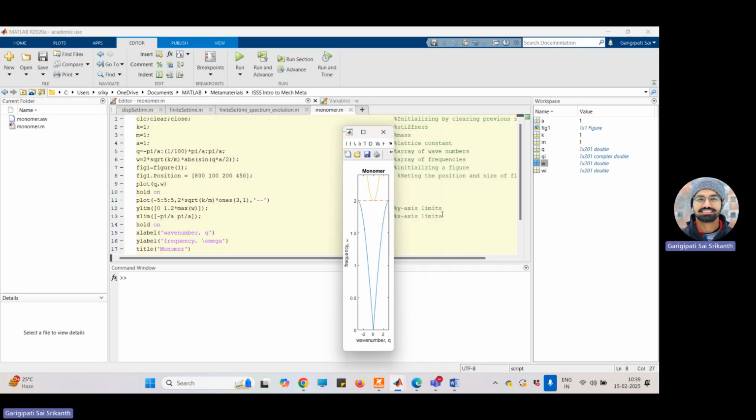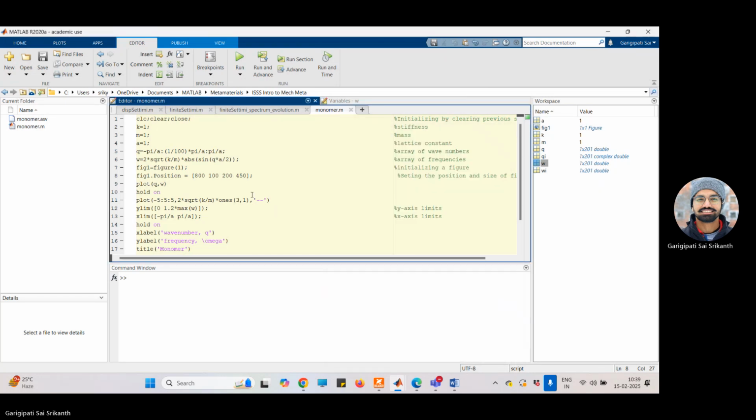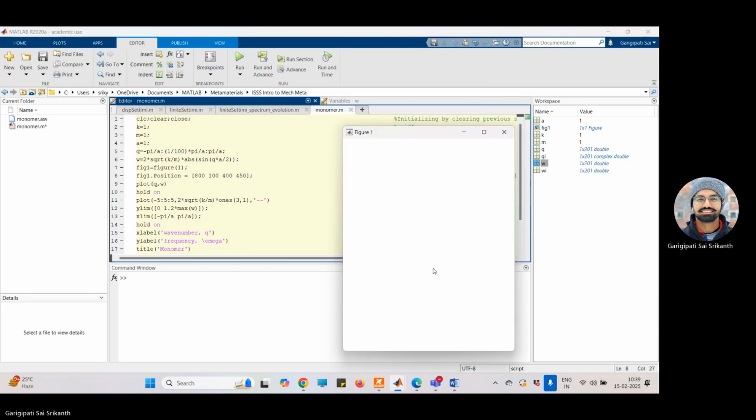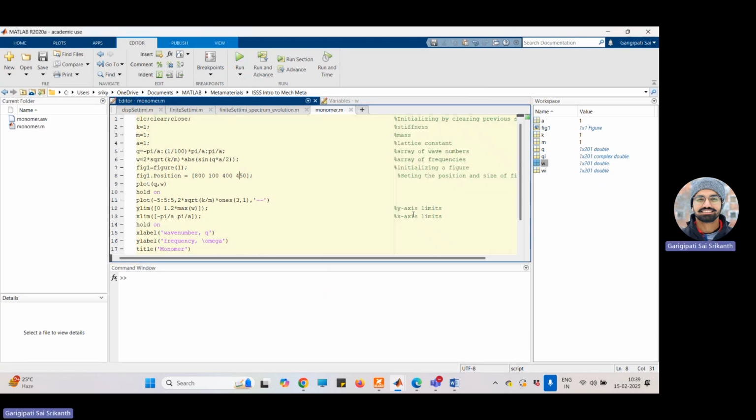Even we cannot compress them. See, trying to compress, but it is not. I can expand though. Let's have 400 width. Looks good. Then naturally this must be the height.